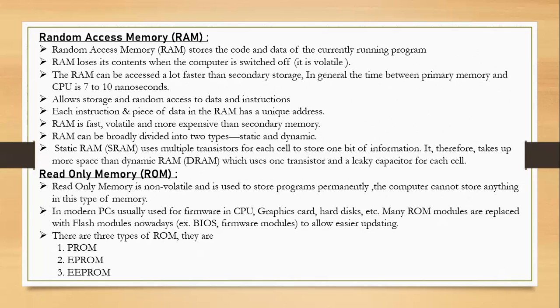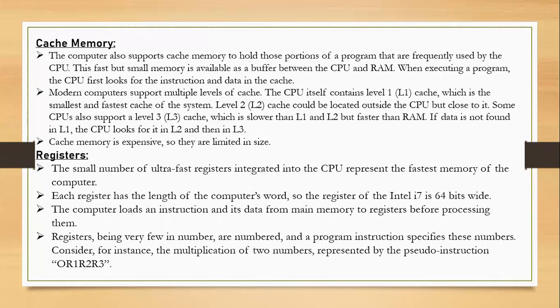In ROM, there are different types such as PROM and EEPROM. Cache memory has different levels like L1 cache, L2 cache, and L3 cache. Apart from that, registers are also part of memory. They are divided into two parts, general purpose registers and special purpose registers.